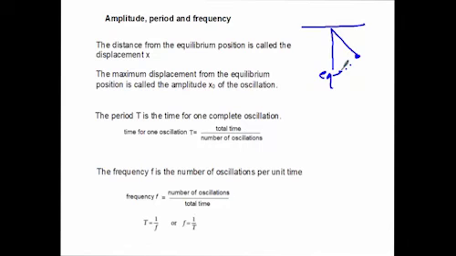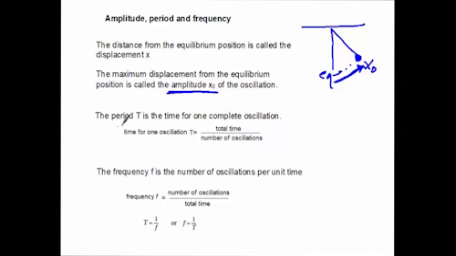When the mass reaches here, the maximum displacement is called amplitude. So this is the maximum displacement from the equilibrium point. Of course, it's a vector directed away from the equilibrium point.